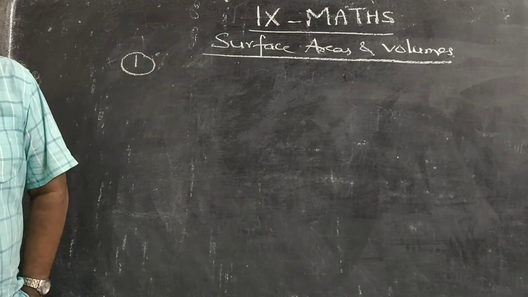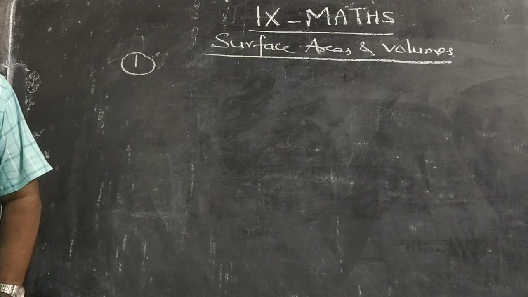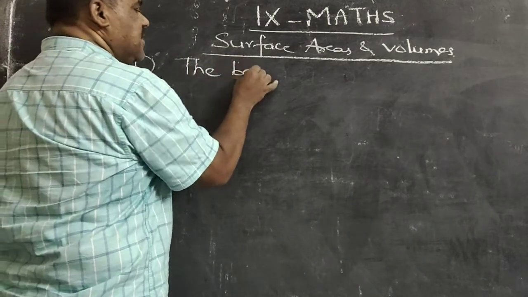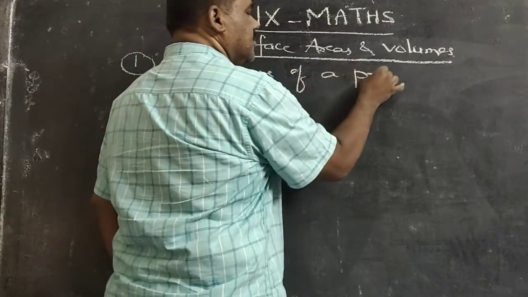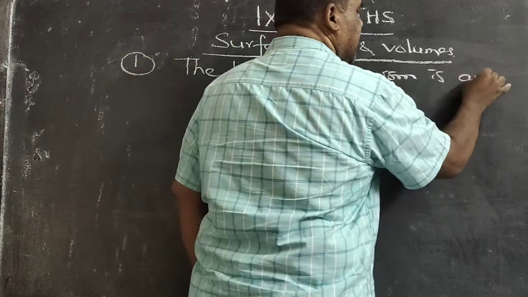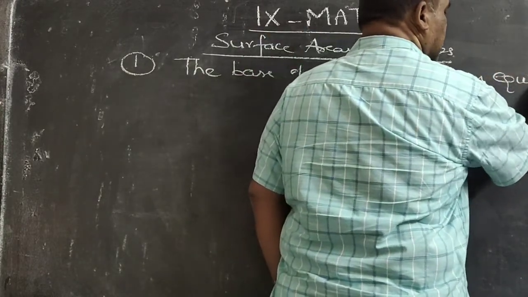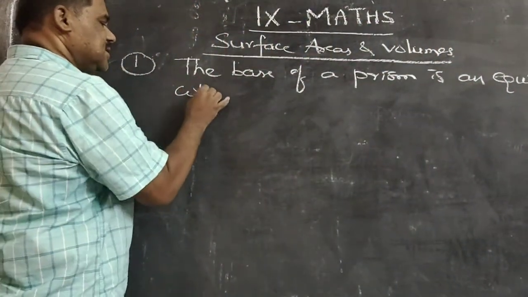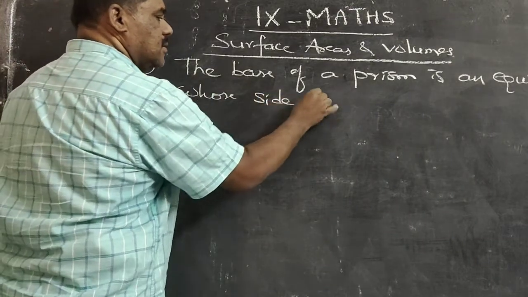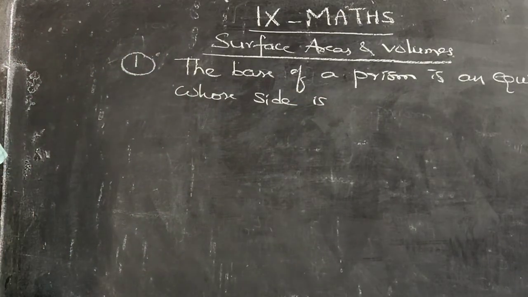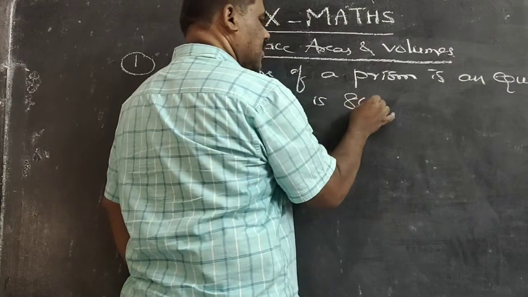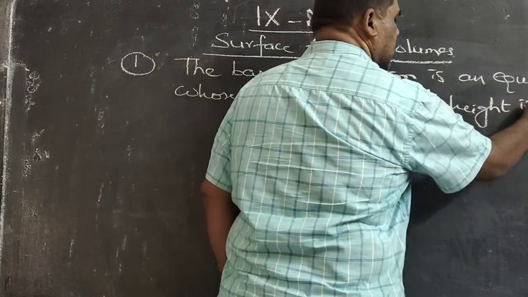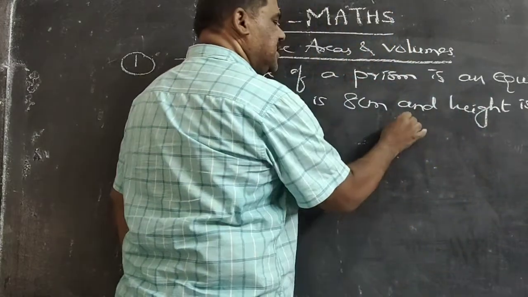The base of a prism is an equilateral triangle whose side is 8 centimeters and height is 12 centimeters. Find its volume.